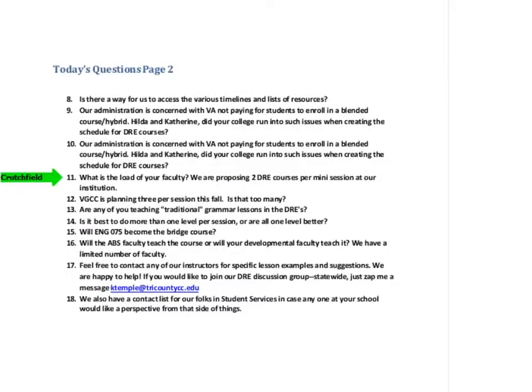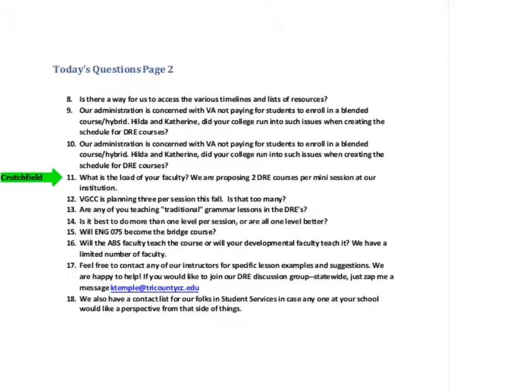In terms of faculty load, at my institution, a lot of instructors teach DRE and curriculum courses, but for instructors who are just doing DRE, we're looking at 5 right now. I know some of the instructors said 3 DRE courses per session. Is that too many? I mean, it's a lot, but I don't know. KT, do you want to speak to that?